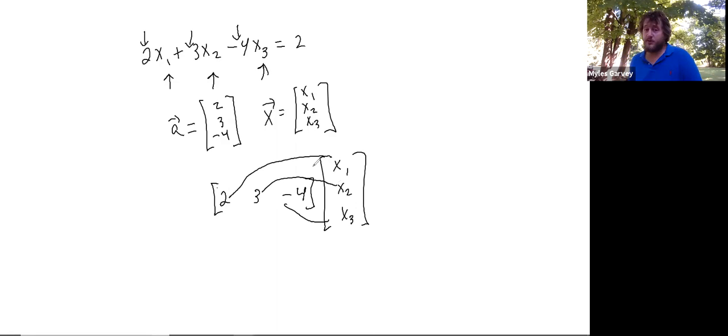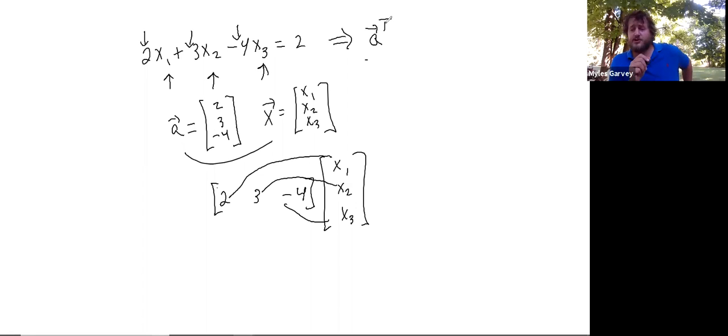So what does the inner product allow us to do? It allows us to shorten our equations down, because now I can say, if I let A represent this and x represent this, then I have A transpose x. Don't forget the transpose. I can't emphasize this enough. Students who start linear algebra education always mess this up.